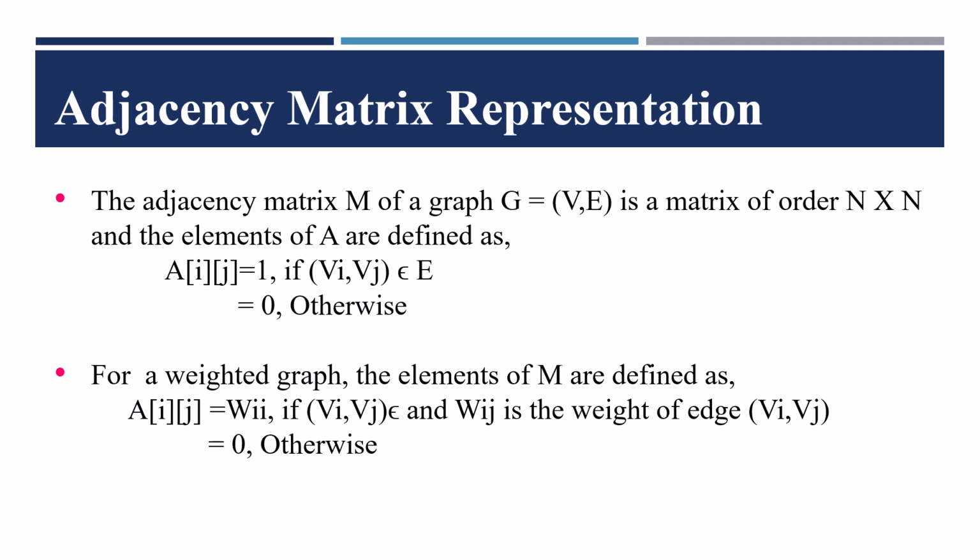So, we say Aij equals the weight if there is an edge connecting vertex i and j. And if there is no edge, then Aij is equal to 0. This makes it easy to find out which vertices are connected and what is the weight between them.